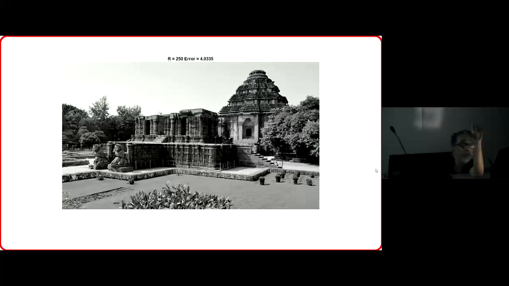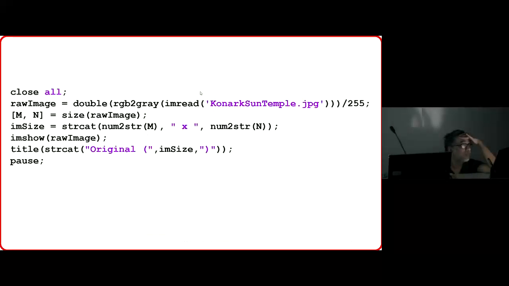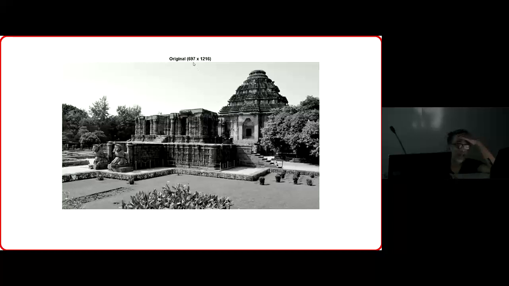So we have 250 u_i's and v_i's. The u_i's will be of dimension 697. So to store all the u_i's, let's say we're taking R equals 50, it's 697 times 50 to store the u_i's.